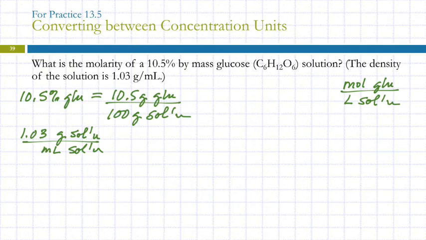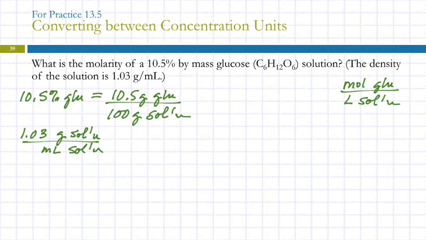This one tends to give students more problems. This is a concentration. I could change grams of glucose into moles of glucose and 100 grams of solution into liters of solution and take it as a fraction and do that. Students tend to find that confusing. Yesterday I solved this problem by saying, well, what if we had 1 liter of solution? How many moles of glucose would be in there?